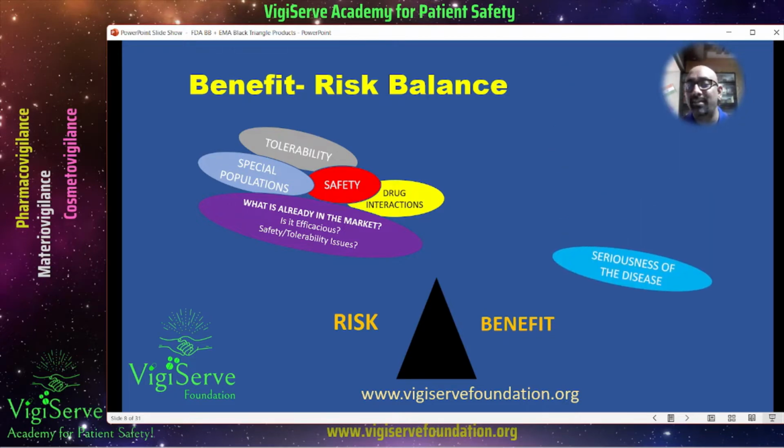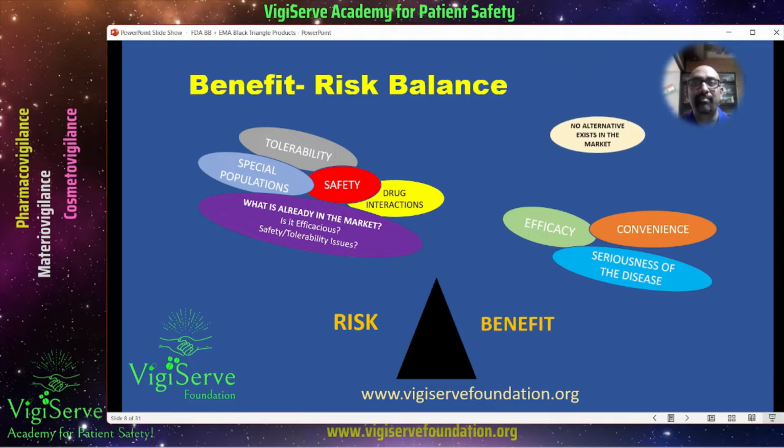Then how about the benefit? How serious is the disease? A classic example is that of COVID, right? It was serious, and less information was known, so you think about the benefit of vaccines. Then the efficacy of the product: whether it is going to be efficacious and benefit the masses. Then the convenience, whether it is convenient to administer the medicine to the population.